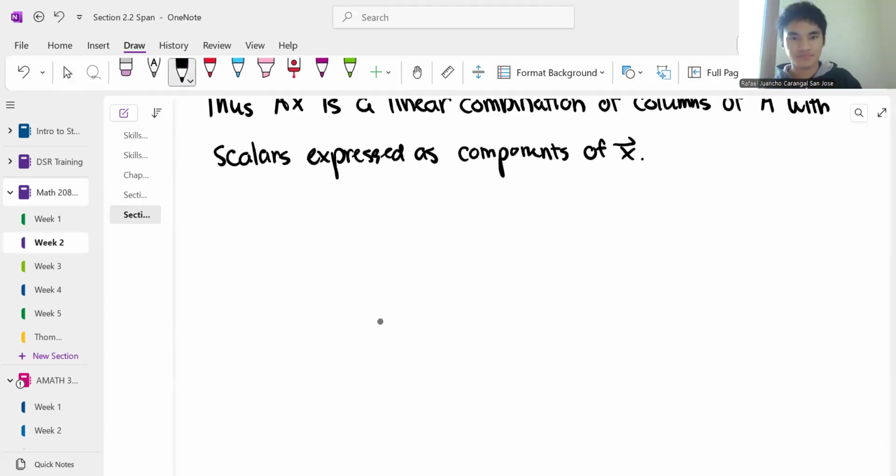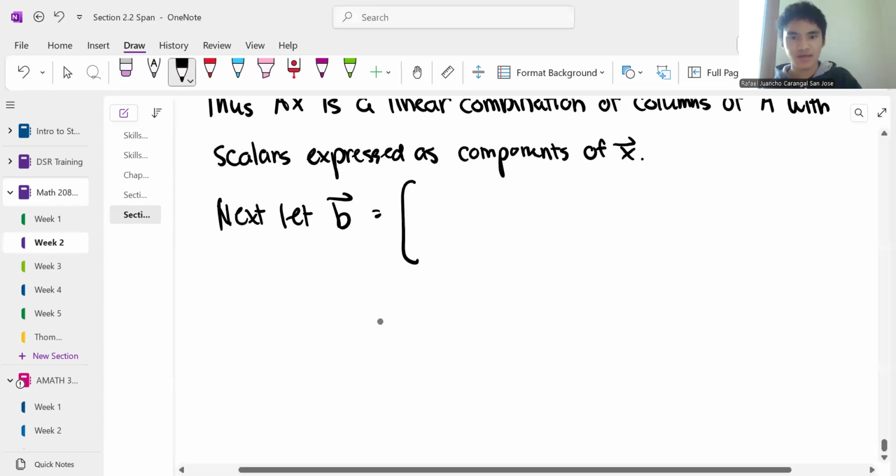Next, we let a B vector have these components 18, 3, or 31, 3.